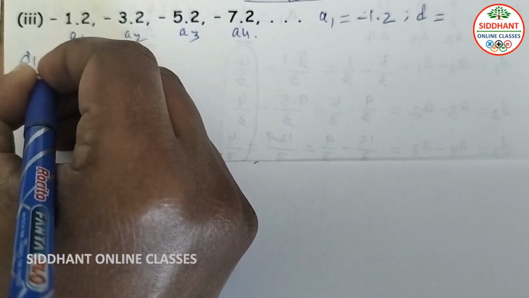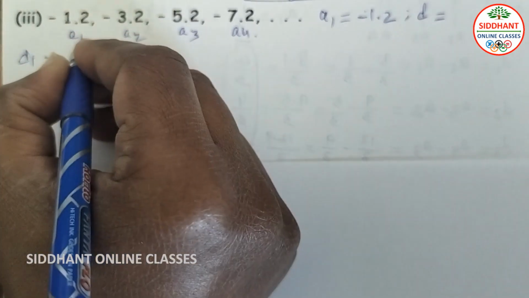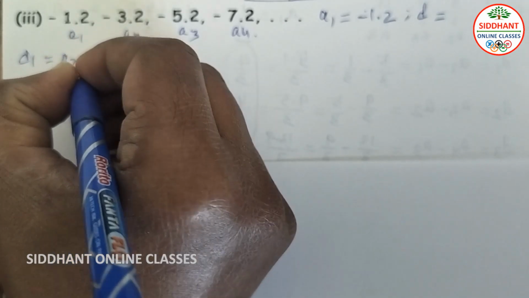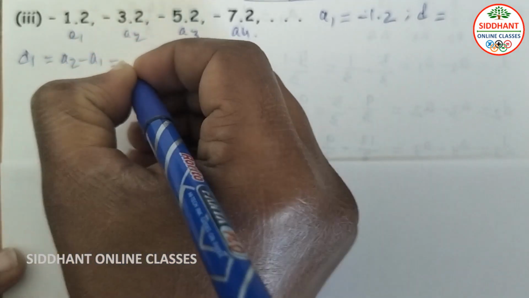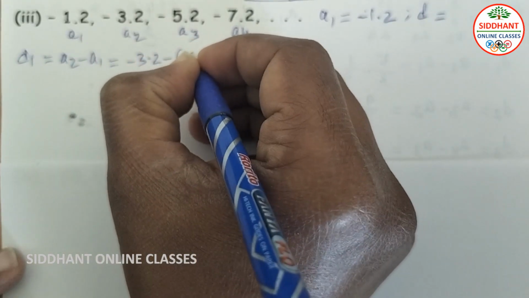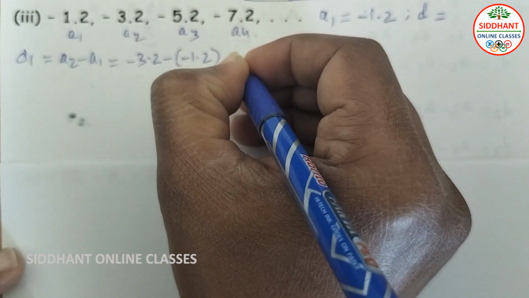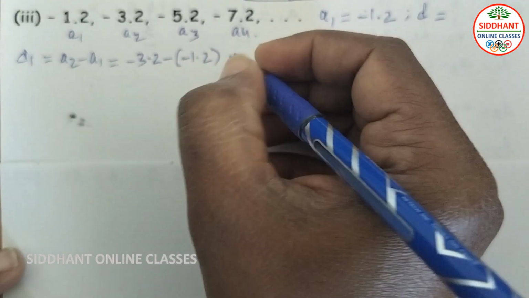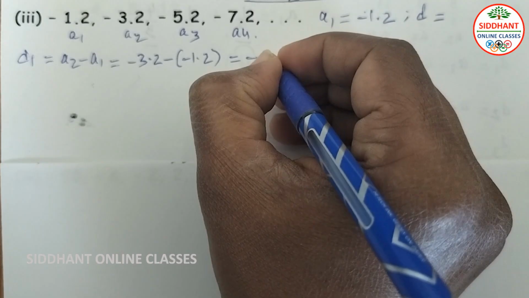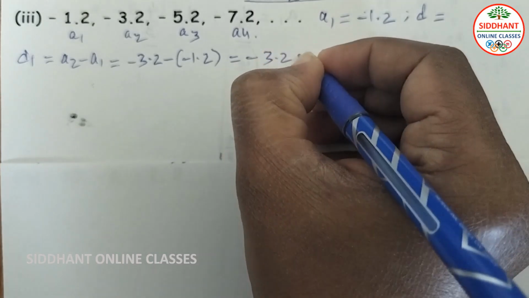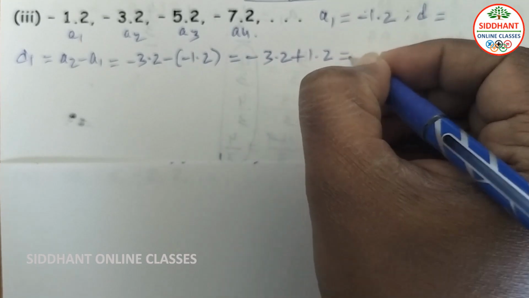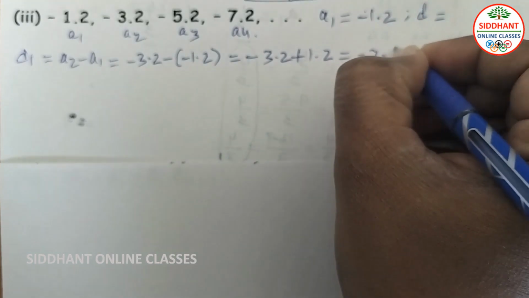D1, which is A2 minus A1, is equal to minus 3.2 minus 1.2, so minus 3.2 plus 1.2 here, that is equal to minus 2.0.